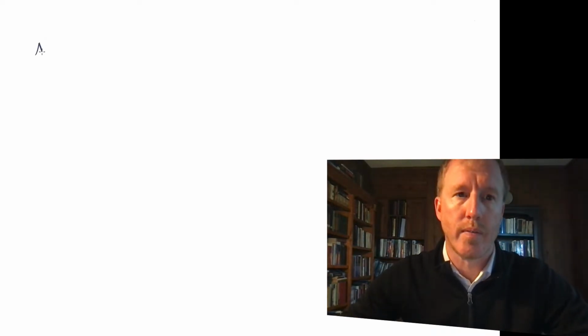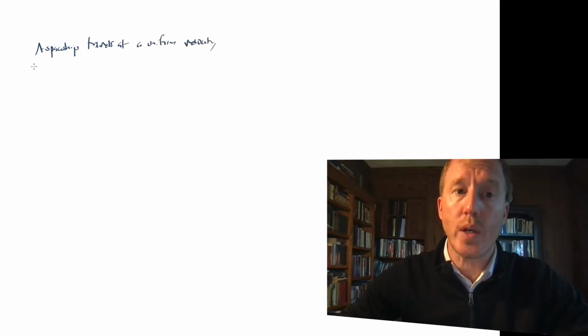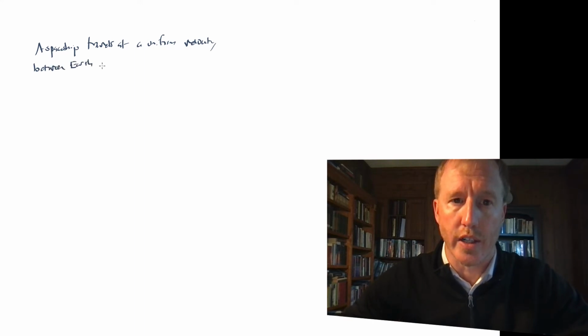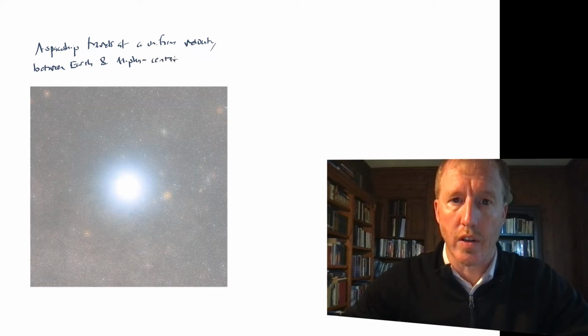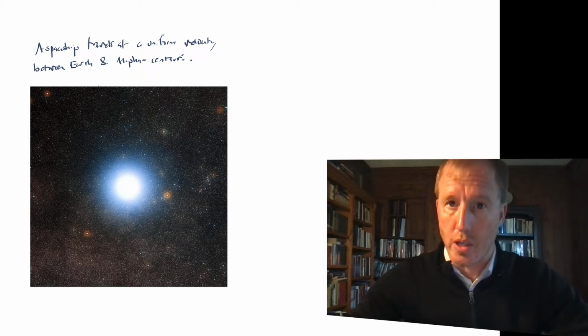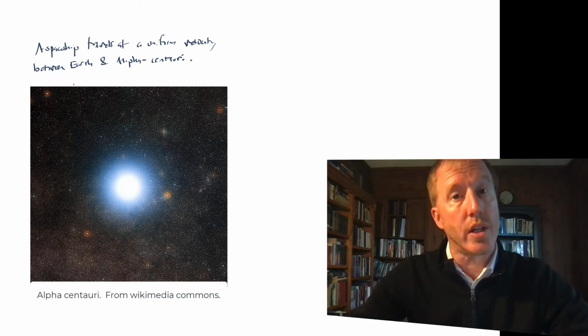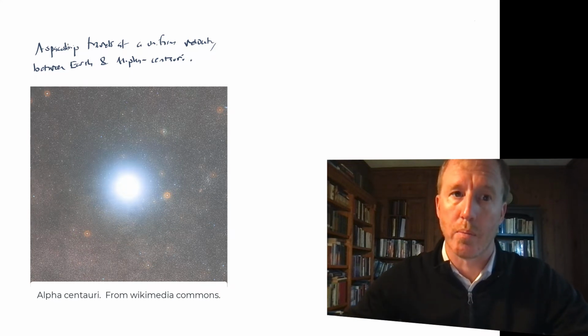A spaceship, as I mentioned, travels at a uniform speed or uniform velocity between Earth and nearby Alpha-Centauri. So Alpha-Centauri is a star, one of the ones nearest to the Earth. And let's suppose that this spaceship is traveling at 95% the speed of light. Some of these numbers are going to sound a little bit outlandish, and it's admittedly a bit contrived in order to make the problem more interesting.